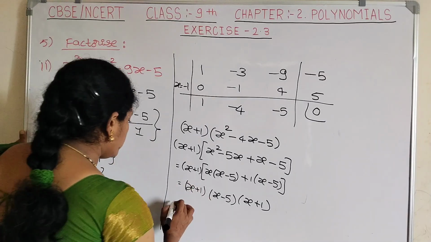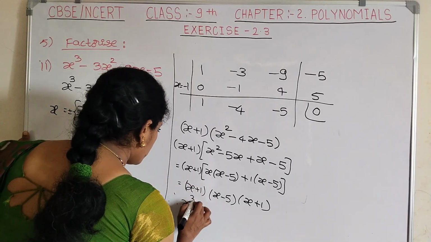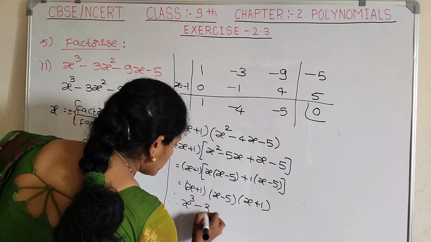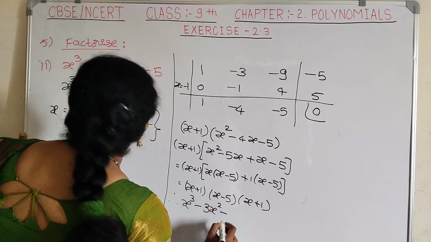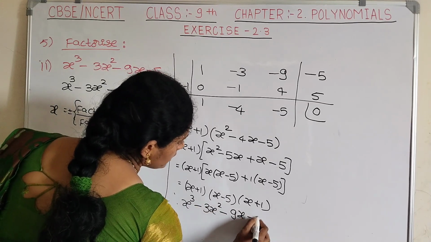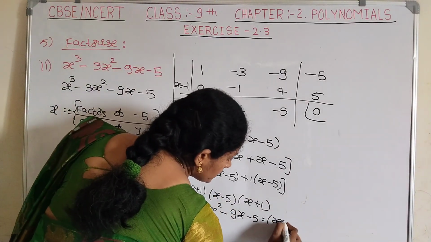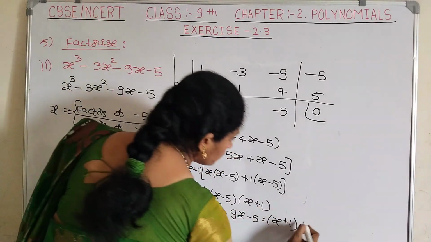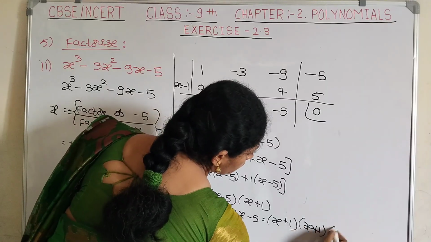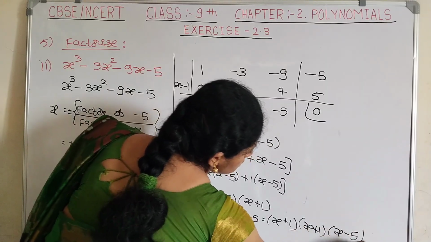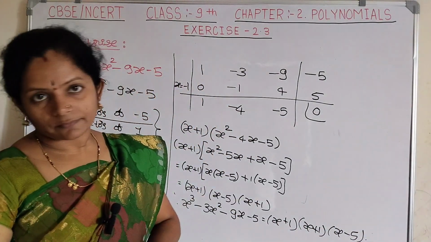Therefore, x cube minus 3x square minus 9x minus 5, the factorization of this can be x plus 1 into, one more, x plus 1 into x minus 5. This is the final answer.